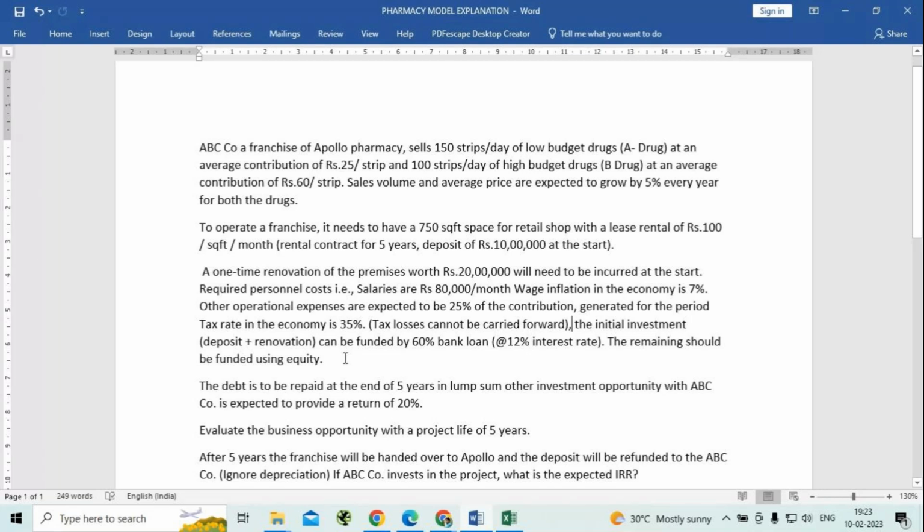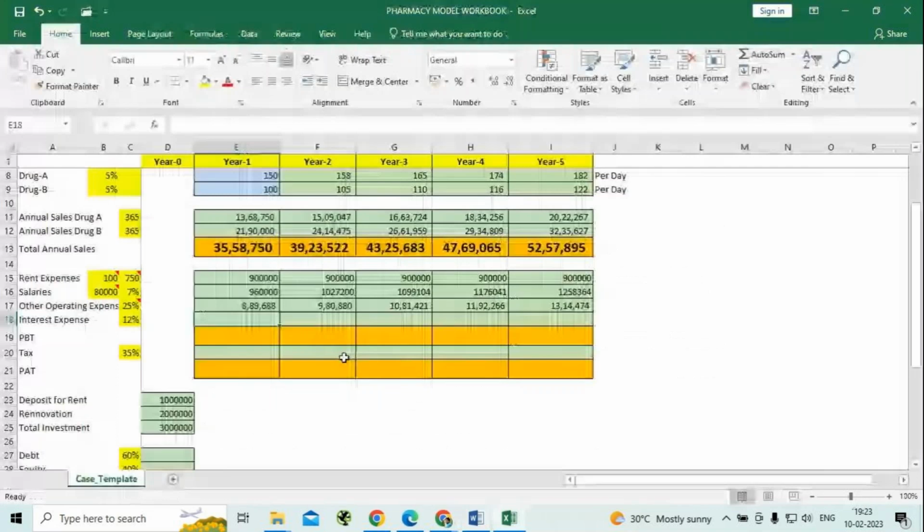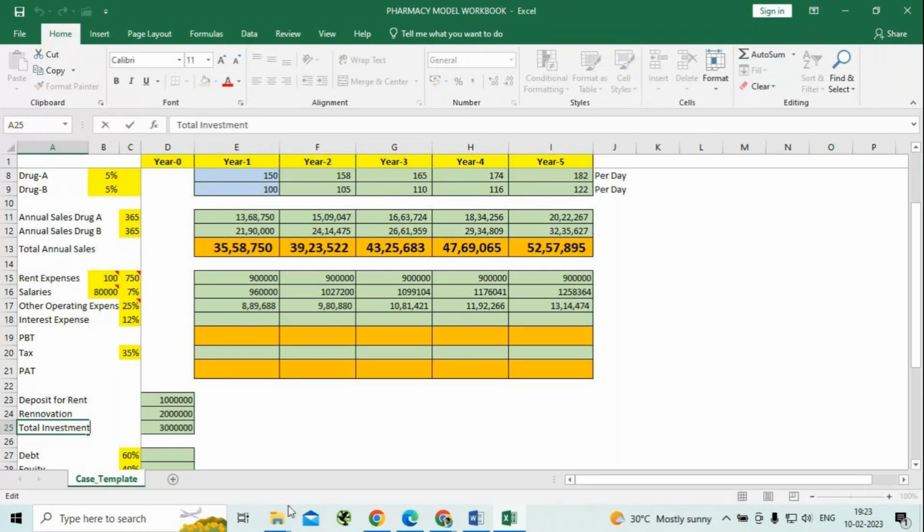If you see, we have taken this deposit of the rent plus renovation cost, so the total capital, I don't take it as an investment, the total capital is 30 lakhs.